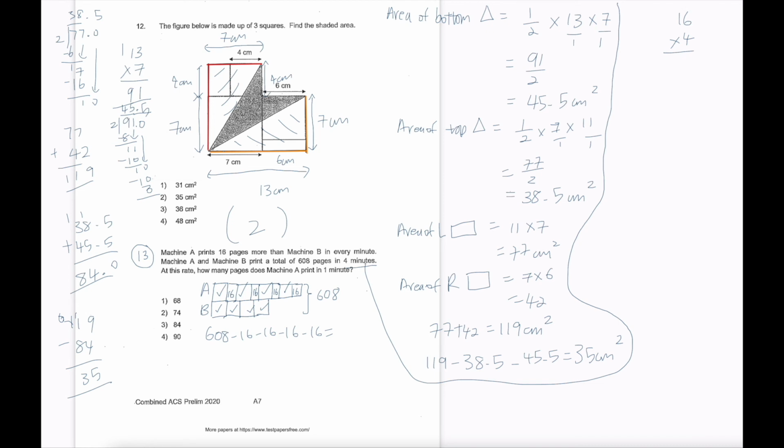Calculated wrongly. It's 64. So I need to take 608 minus away 64, and I'm going to get 544. So 544 is for how many units? 1, 2, 3, 4, 5, 6, 7, 8. It's for 8 units. I need to find out what 1 unit is, so I need to take 544 divided by 8.